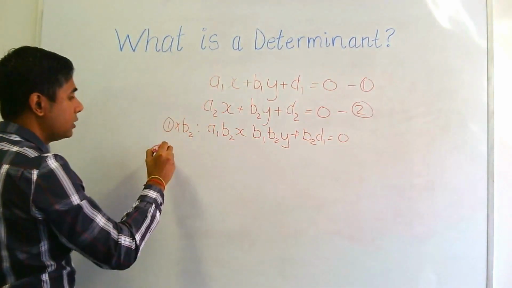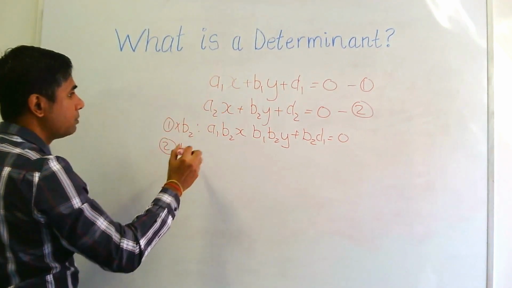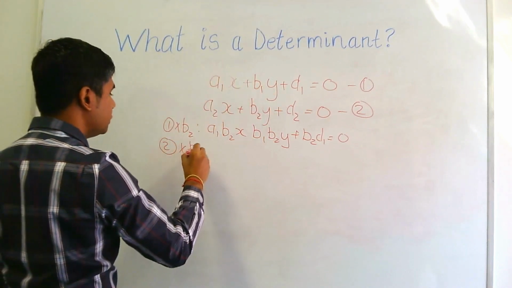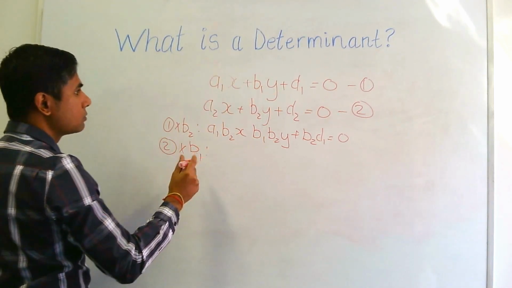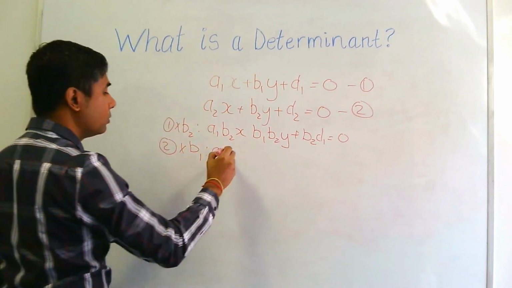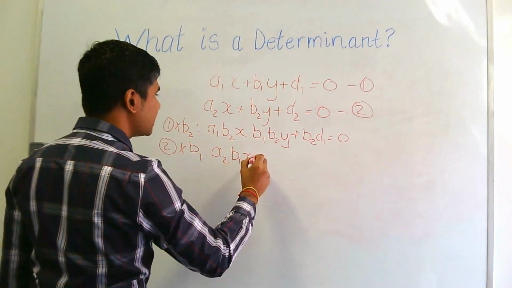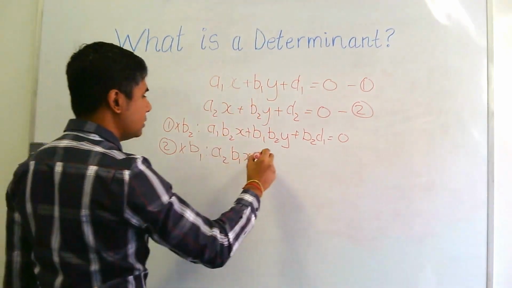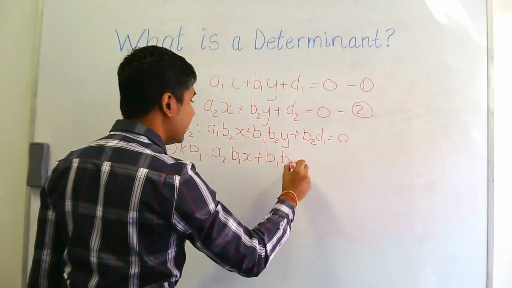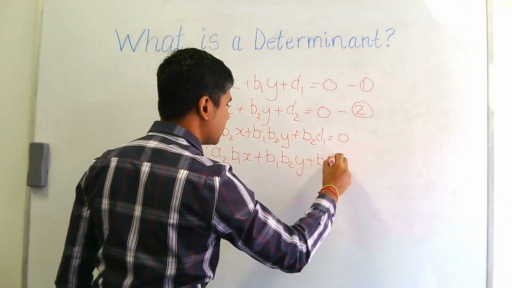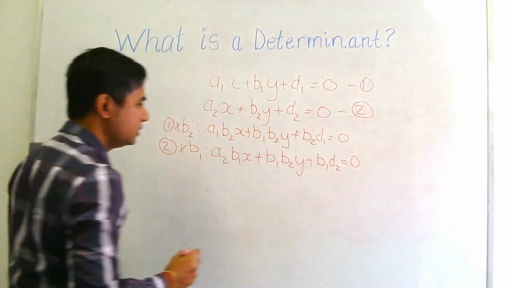Now we take equation 2 and multiply it by the coefficient of y in equation 1, so it's b1. So now we have a2 b1 x, plus b2 b1 y, plus b1 d2, equal to 0.